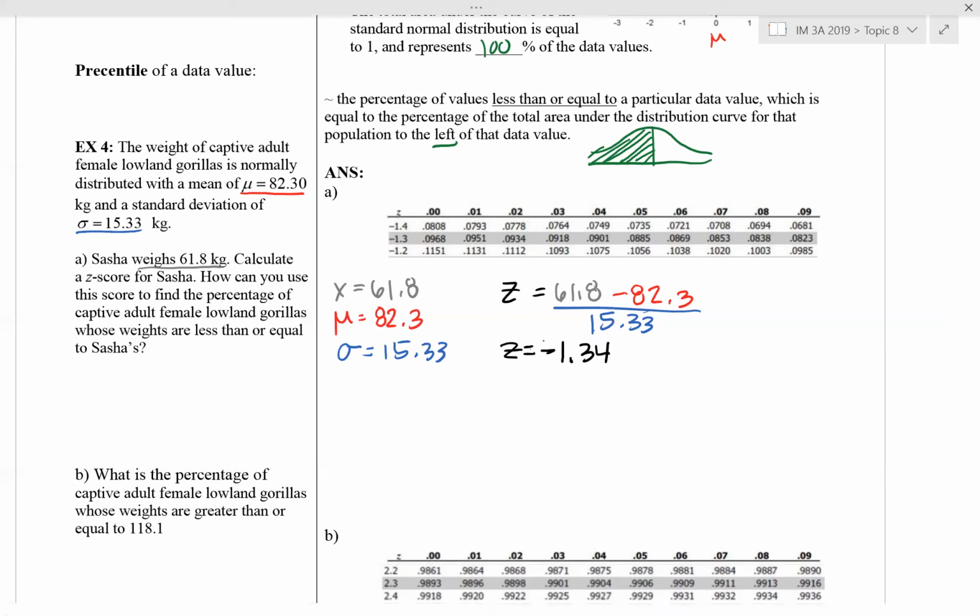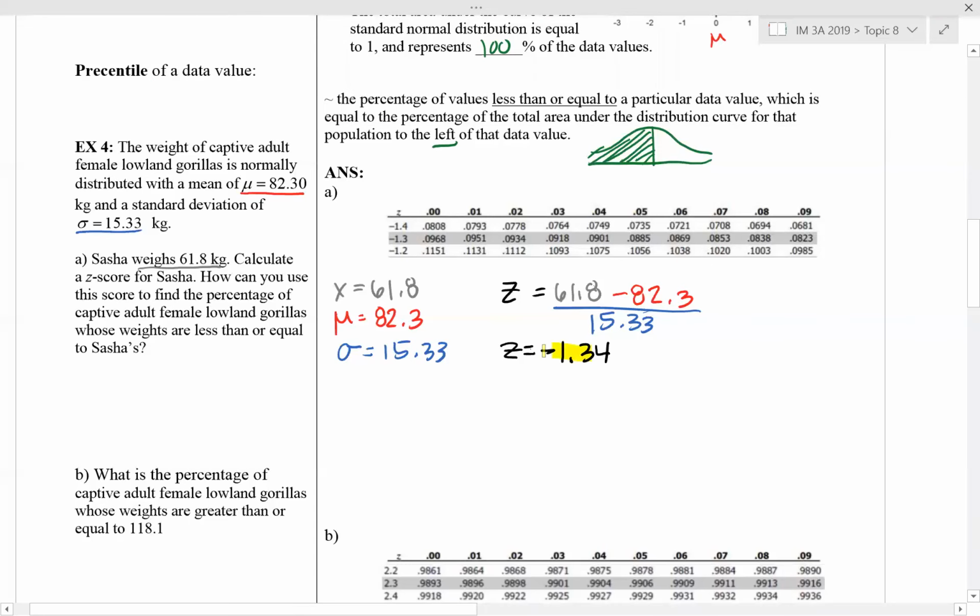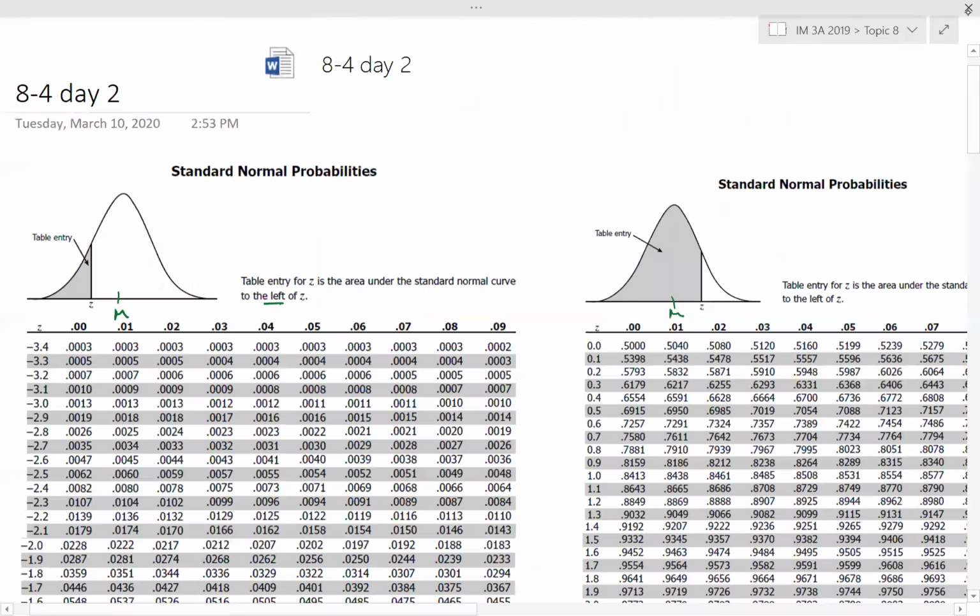So what we're going to do from here is now use the z-table to identify the percentage of females whose weights are less than or equal to Sasha's. So this means that I'm straight up just reading the table, looking at the z-score. So her z-score is negative 1.34. So the negative 1.3 is coming from this value on the z-score table. Because it's negative, I'm looking at the negative side.